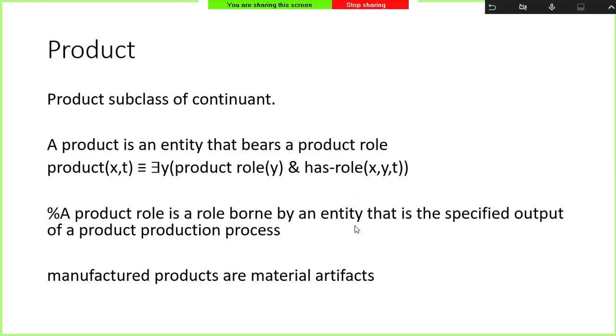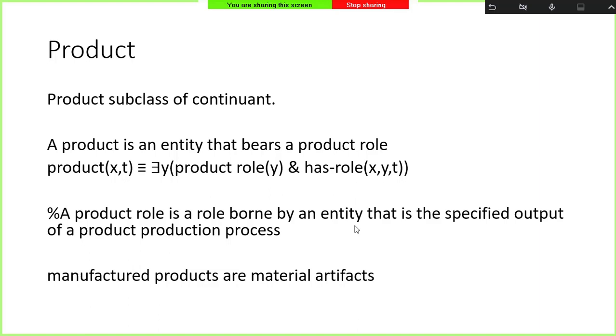Now, we're dealing with two kinds of products in the IOF. We're dealing with manufactured products, which are material artifacts, where an artifact is an entity deliberately created to have a function. But there are also informational products, such as software.